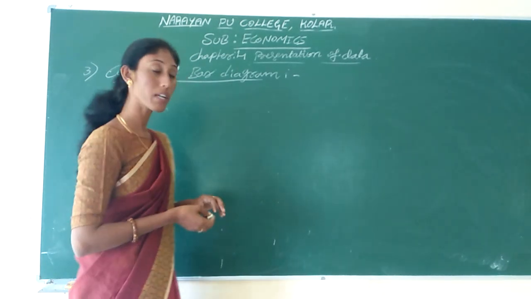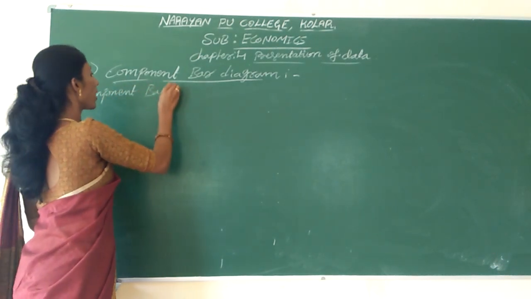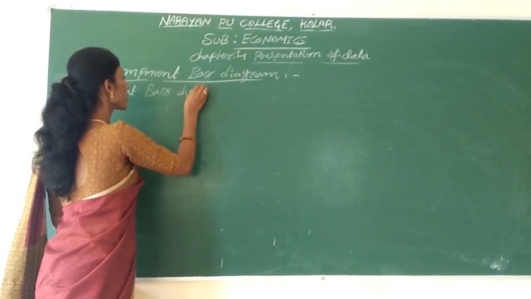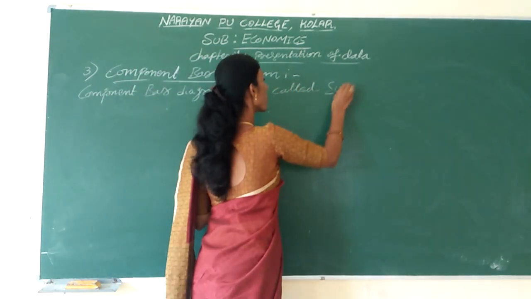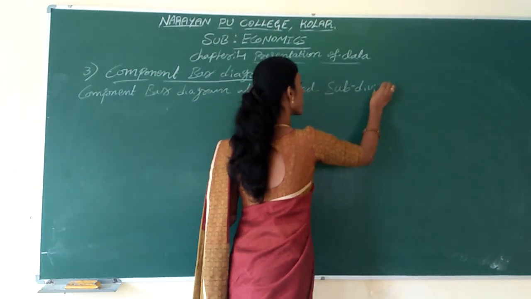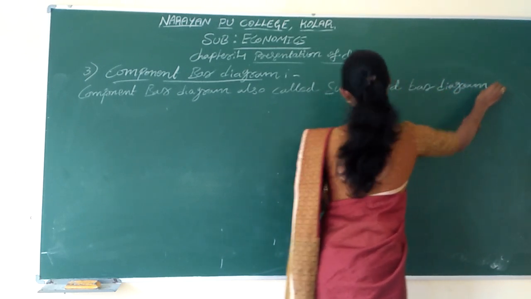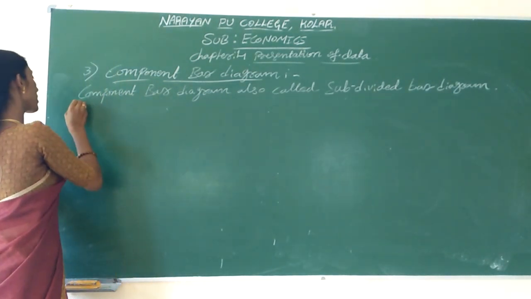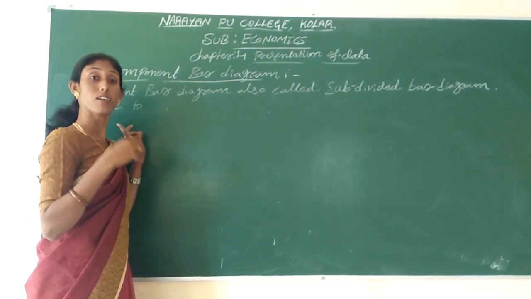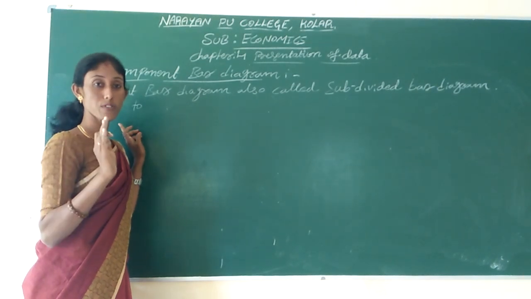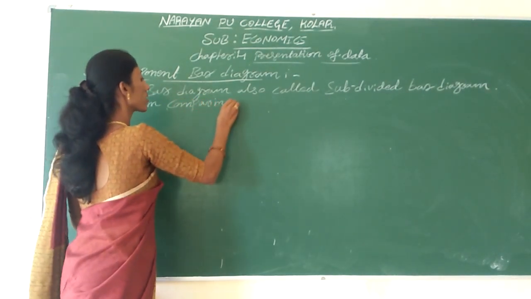Take the meaning now. The component bar diagram is also called a divided bar diagram.